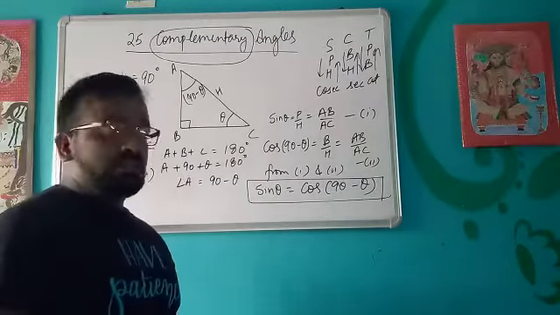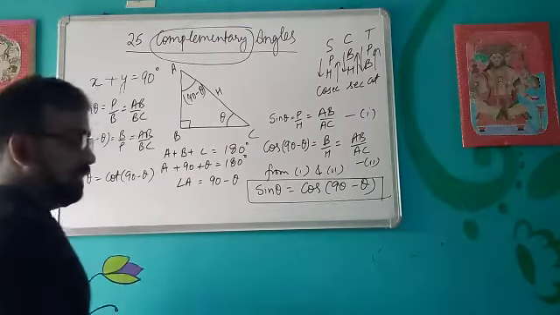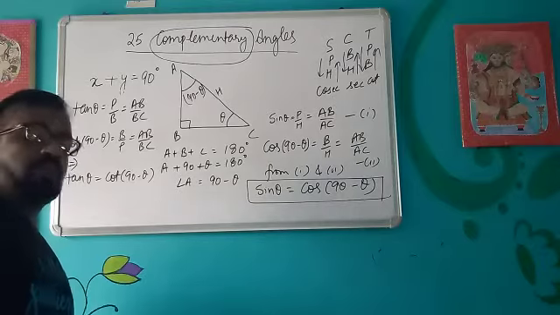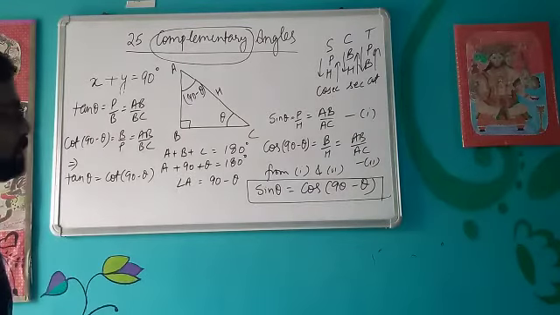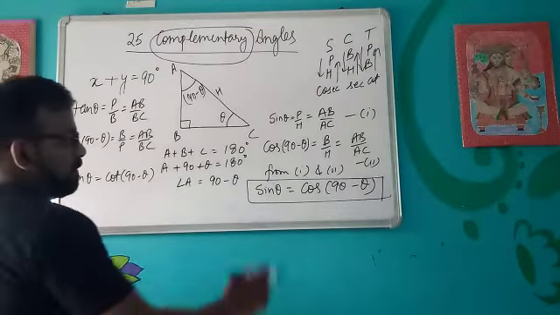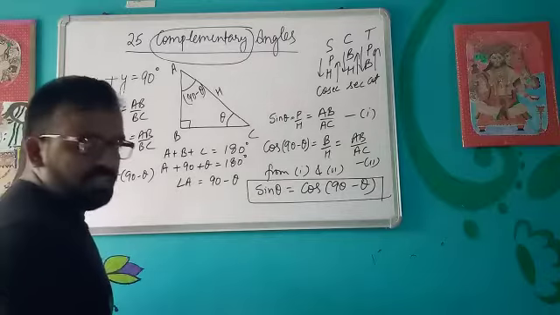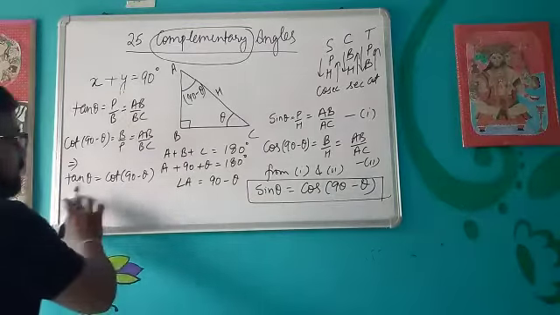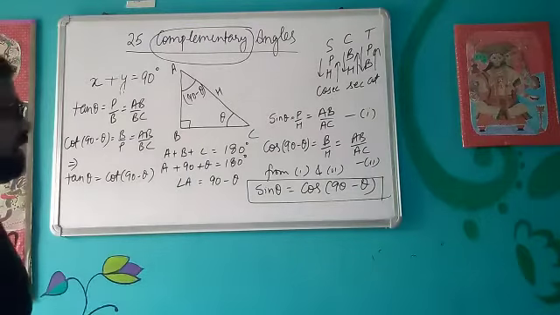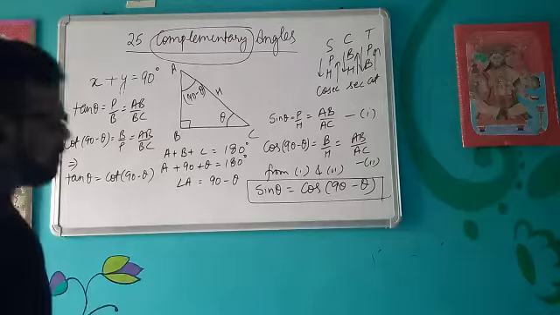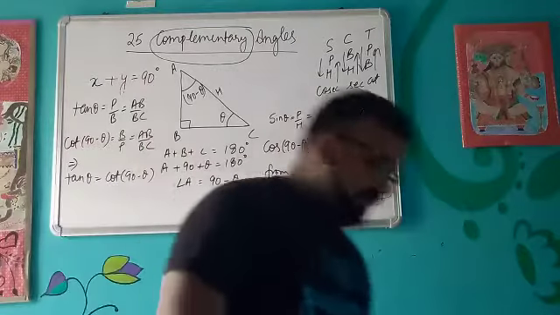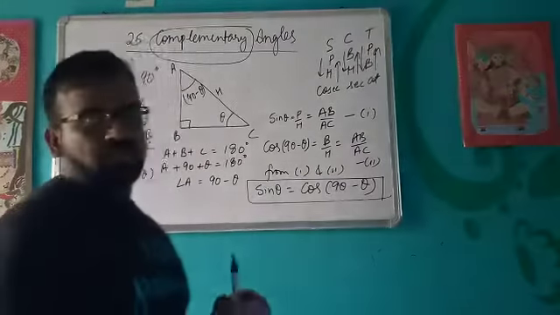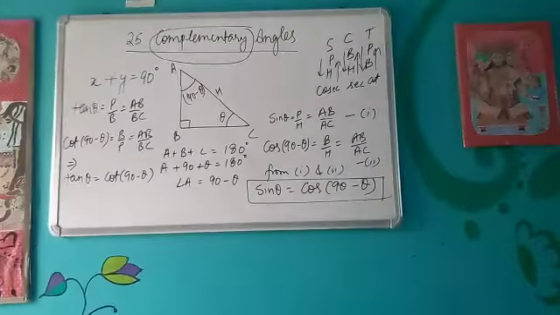Okay, so these are the relations which we will use in this chapter in order to solve the questions. Sine of theta is equal to cos of 90 minus theta, and tan of theta is equal to cot of 90 minus theta. So let's summarize and write a few relations. You first see it carefully.